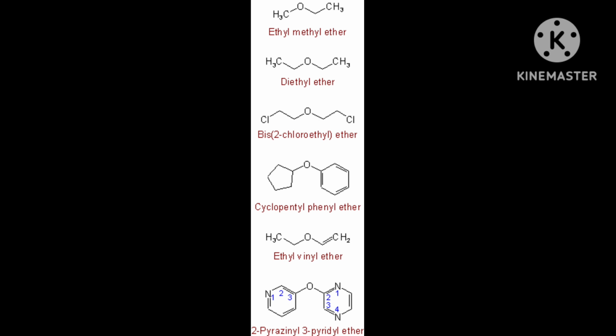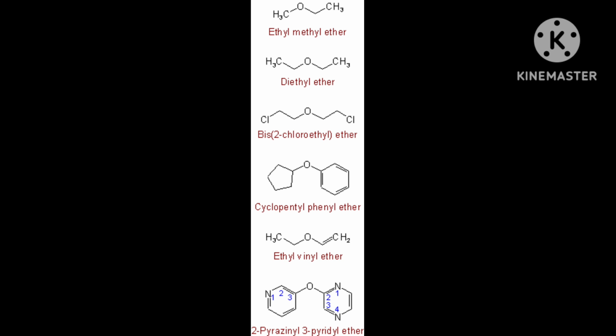You can tell it is in branch form. Then on one side a phenyl group, on the other side an isopentyl group. Then its name will be phenyl isopentyl ether.